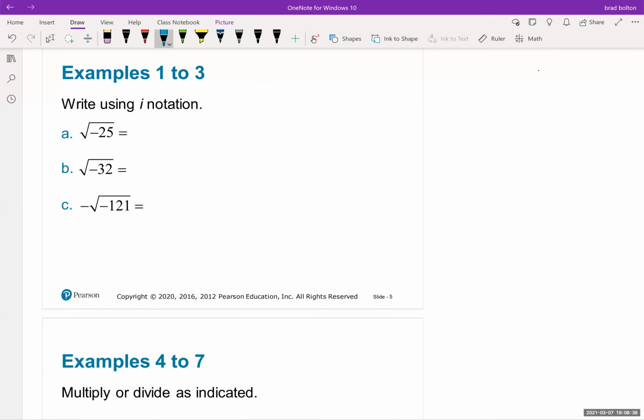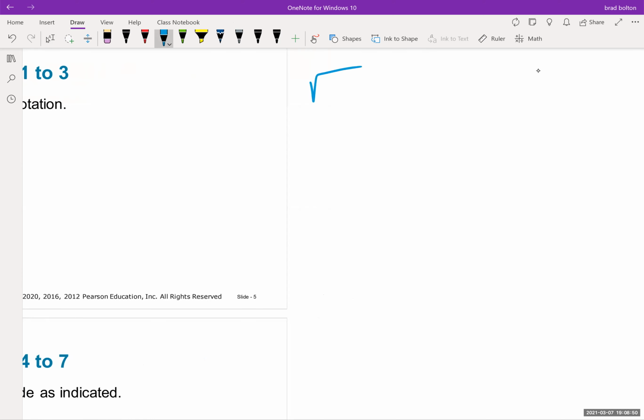This is the way the book will have you do it. Sometimes I just jump right to the answer, but what the book says is if you run into the square root of -25, previously we would have said no real solution, and we would be done. We're no longer allowed to do that.